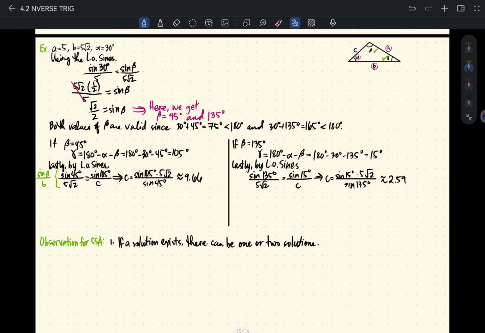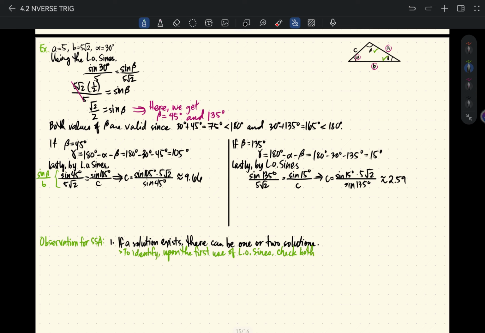And how will you identify this? To identify, upon the first use of law of sines, check both.